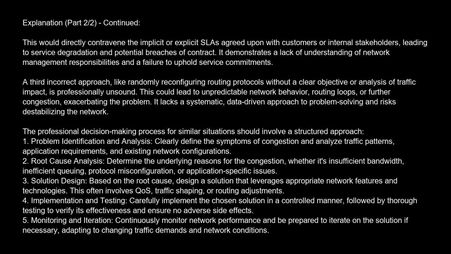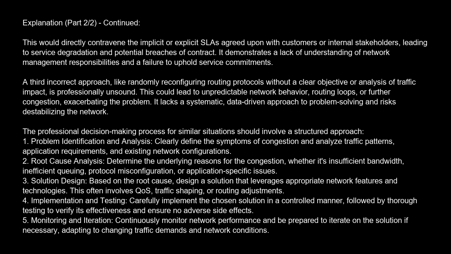The professional decision-making process for similar situations should involve a structured approach. 1. Problem identification and analysis. Clearly define the symptoms of congestion and analyze traffic patterns, application requirements, and existing network configurations. 2. Root cause analysis. Determine the underlying reasons for the congestion, whether it's insufficient bandwidth, inefficient queuing, protocol misconfiguration, or application-specific issues. 3.